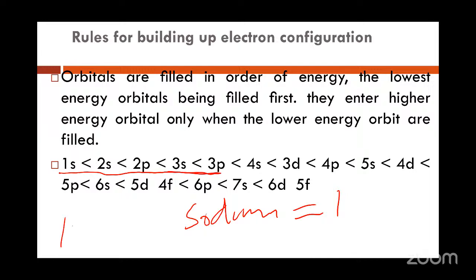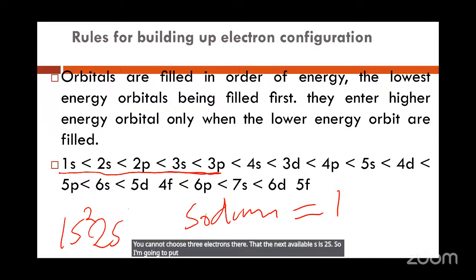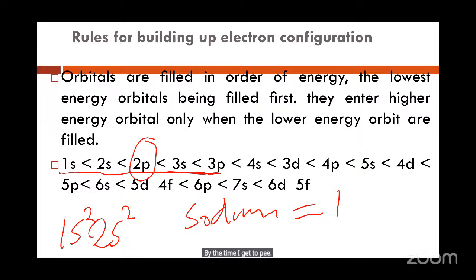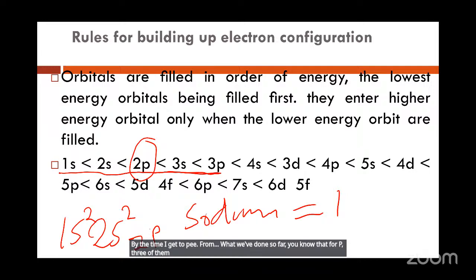And that is 1s will be filled first, maximum of 2 electrons. You cannot put 3 electrons there. Then the next available orbital after 1s is 2s. So I'm going to put 2 electrons, which is the maximum any of them can take. By the time I get to p, from what we've done so far, you know that for p, 3 of them are always available.